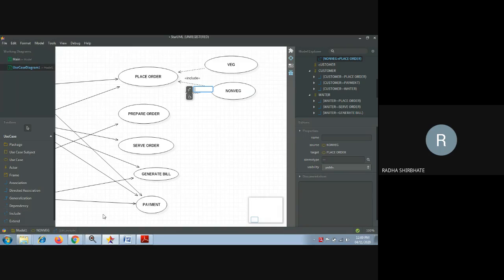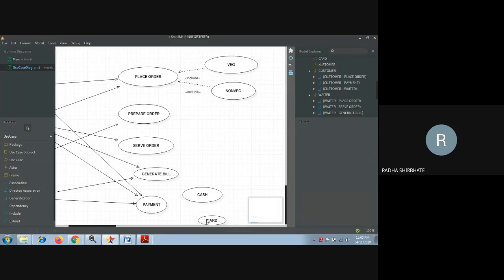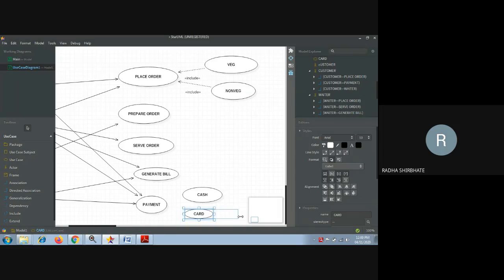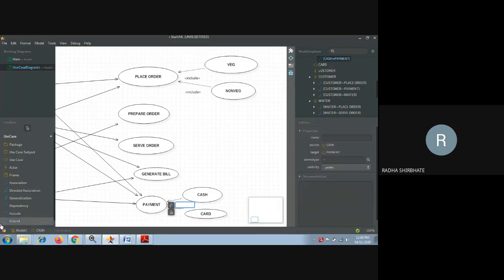Now payment will be another use case; you can do the payment by using cash, and second, maybe you can do it by using card. These are again two different use cases that are part of this particular use case. So we can define the relationship again over here by specifying include.